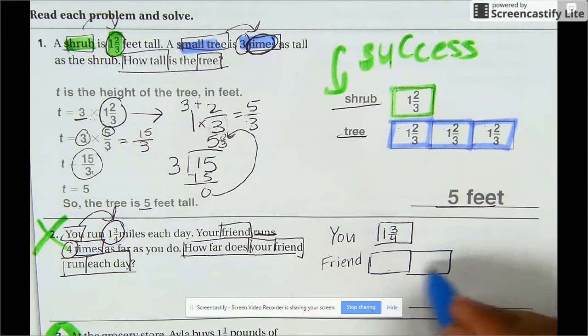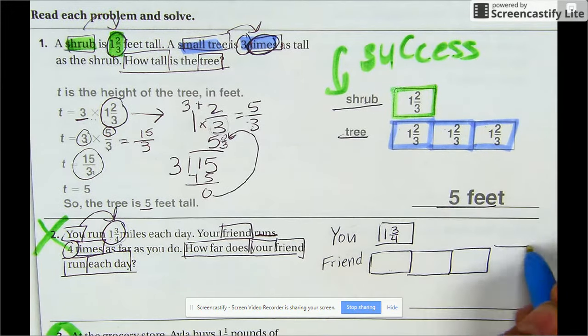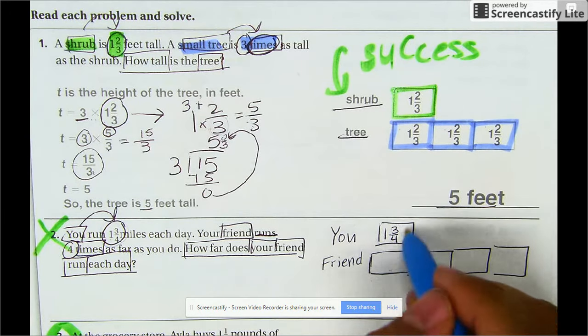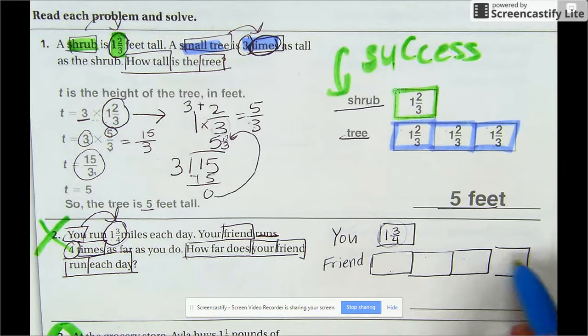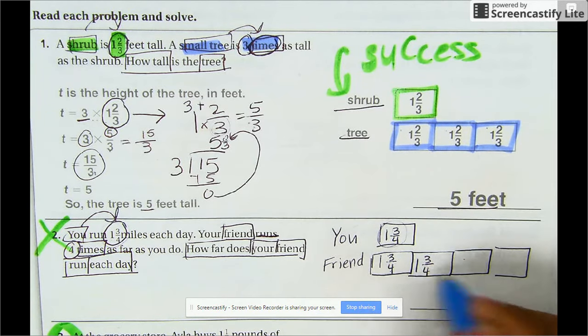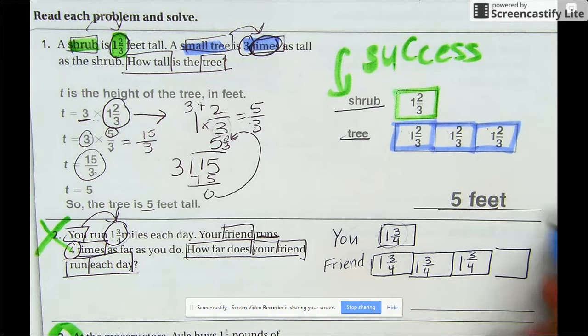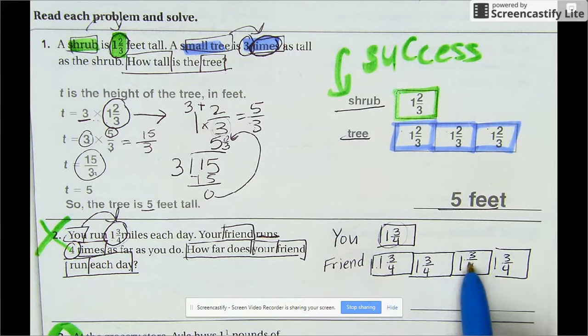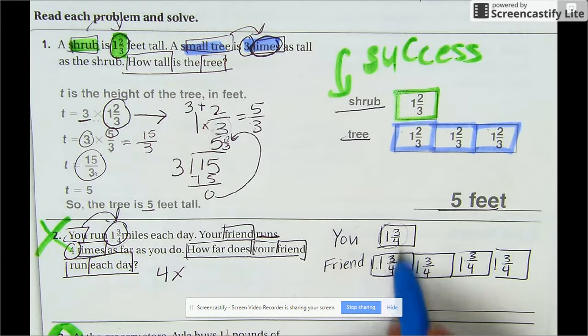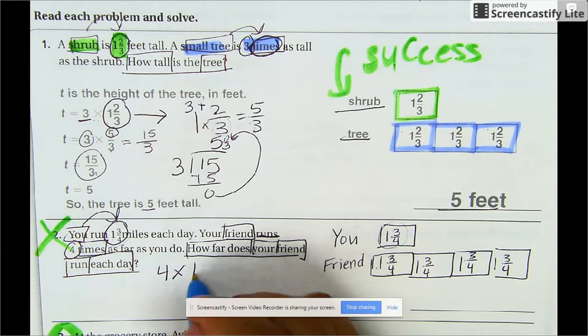I have to add another one, that's 2 times, 3 times, 4 times. And I'm going to write the same value in each box. And why? Because we're modeling multiplication, and that's all we're doing. Or repeated addition, same thing. So now I'm going to get 1, 2, 3, 4 times 1 3/4, which is the same value.